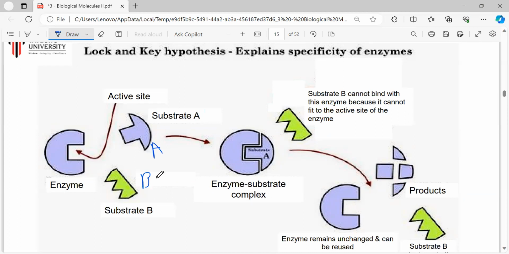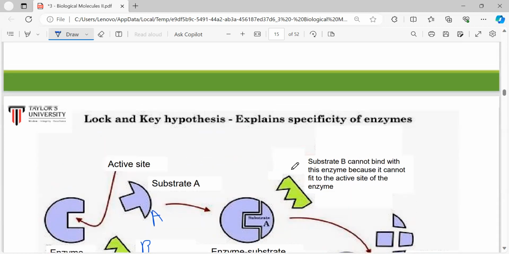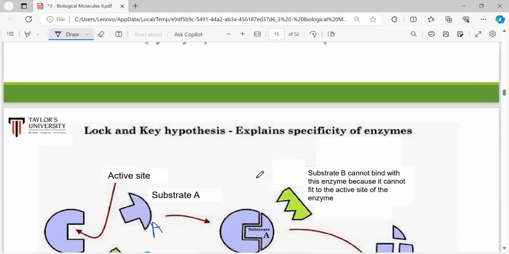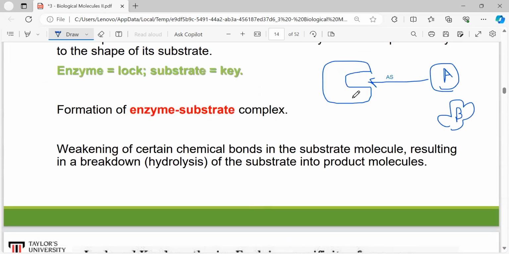No. No, right? So you already know that only A can bind to it. So the question will ask you like this. Sometimes, you might get confused because the labels are not given. And it might even trick you by using a lot of substrates with different shapes. So look at the diagram carefully and write the correct answer.